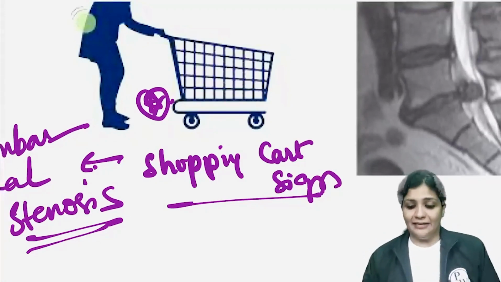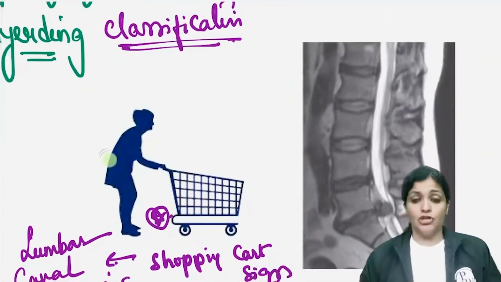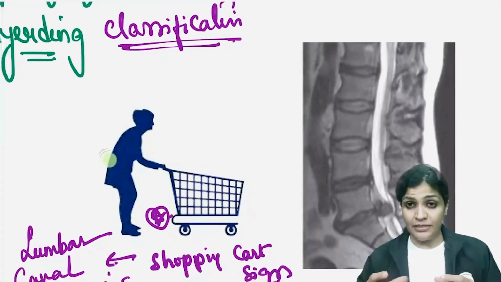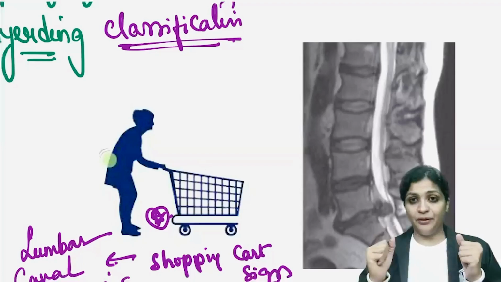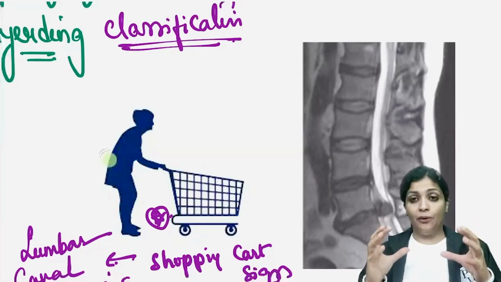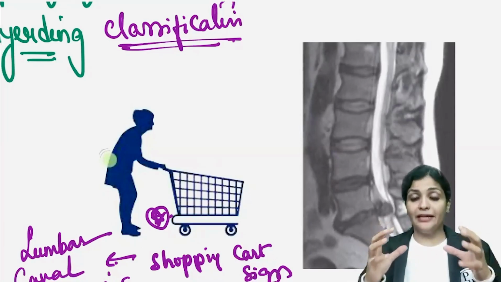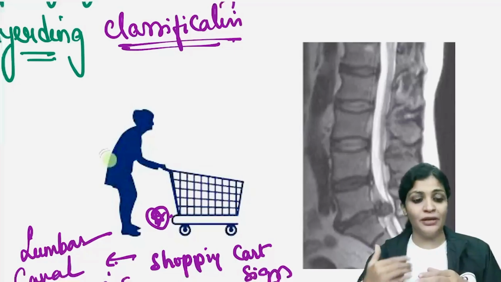Now why does this occur? Why is the shopping cart sign very specific for lumbar canal stenosis? This canal becomes narrow whenever the patient extends. Whenever you are standing straight, the canal becomes more narrowed, which means the signs and symptoms will increase.